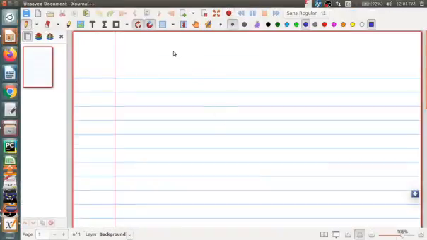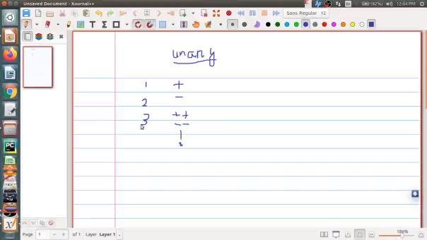So the unary operators are plus, minus, double plus, double minus, and logical complement. So these are total 5 such operators.